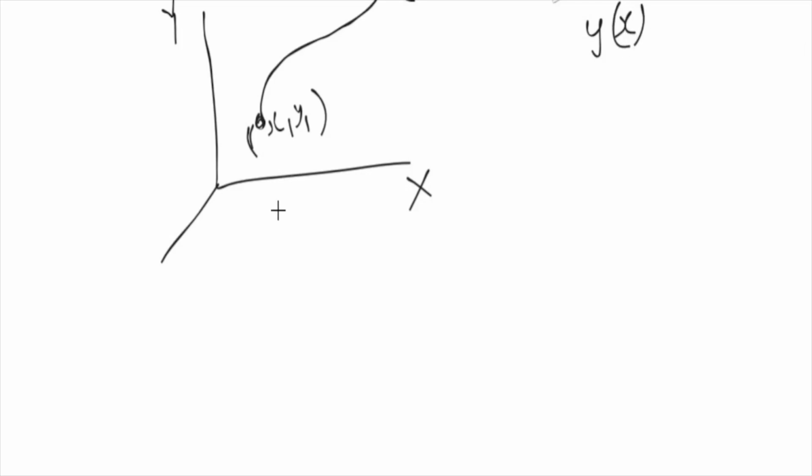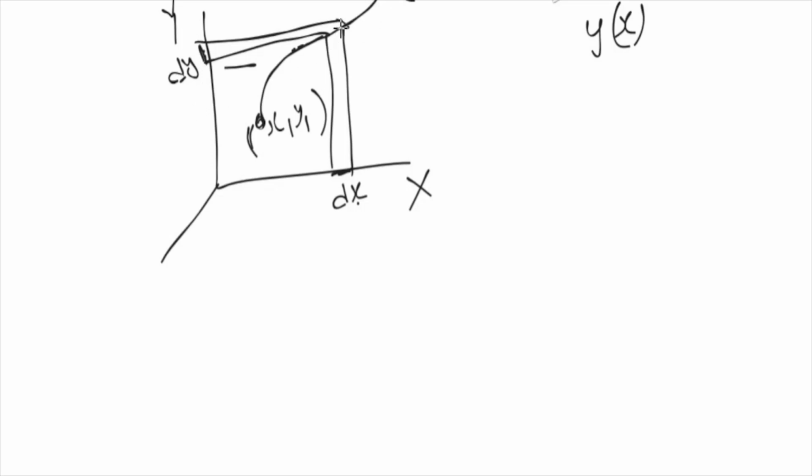If we take a little incremental distance over here, the incremental distance in the x direction will be dx, and in this direction, the y direction, this distance is dy. So the length of the segment on the x-axis is dx and the length of the segment on the y-axis is dy.